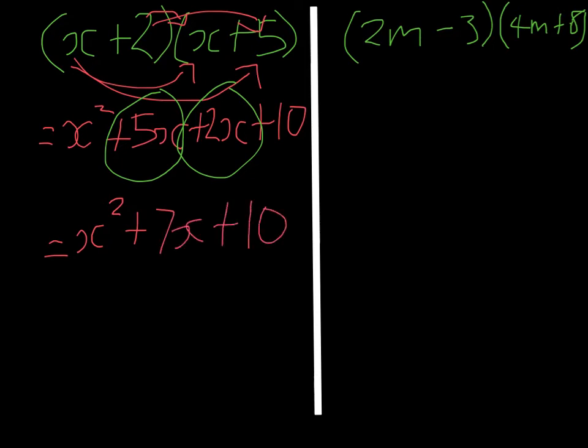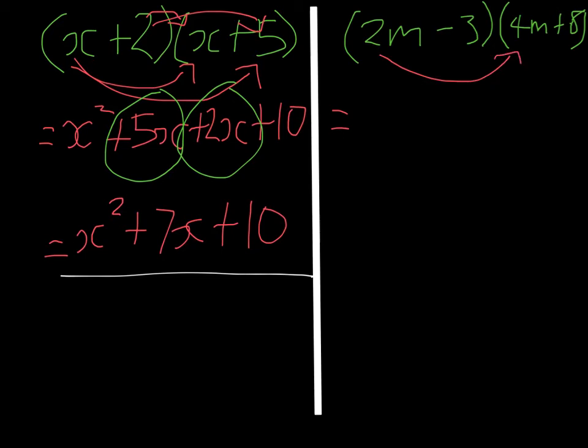So a general quadratic equation, a straightforward quadratic equation, will have 3 parts like this. You can see the one on the right-hand side has some coefficients, so some numbers in front of the letter. Should be no different. So, first, 2m times 4m.